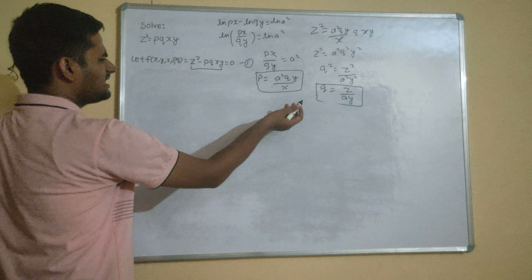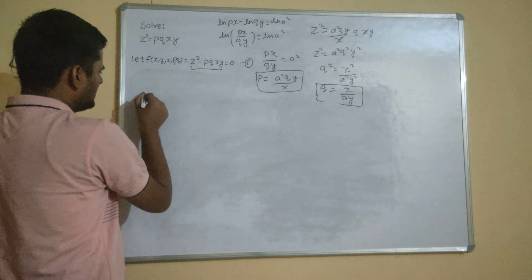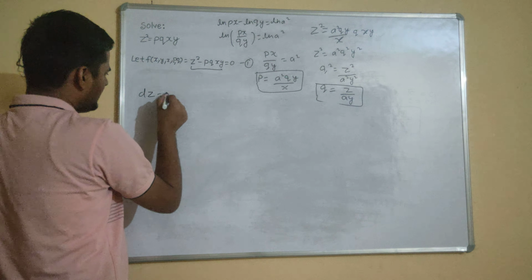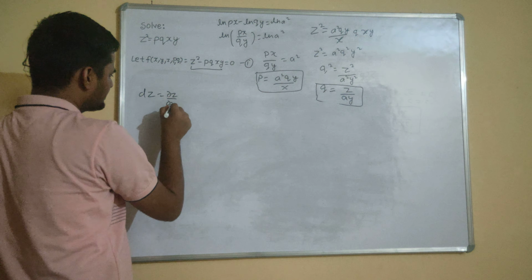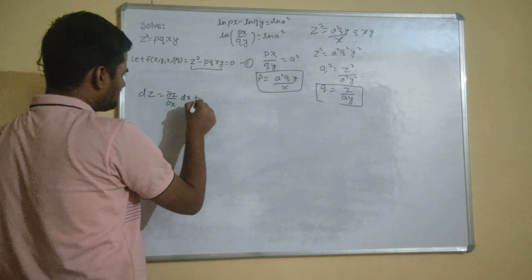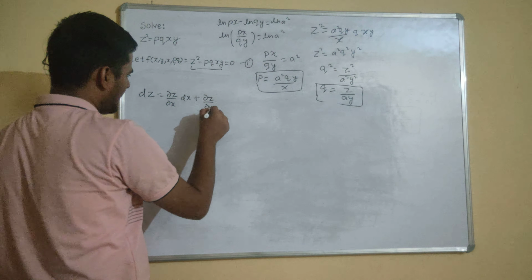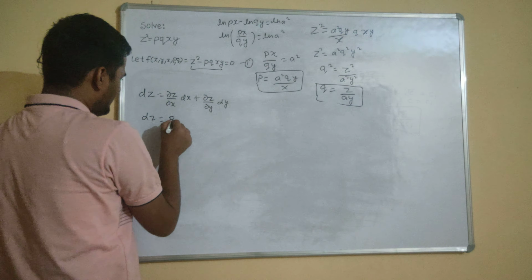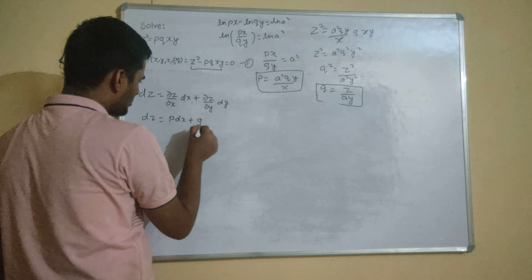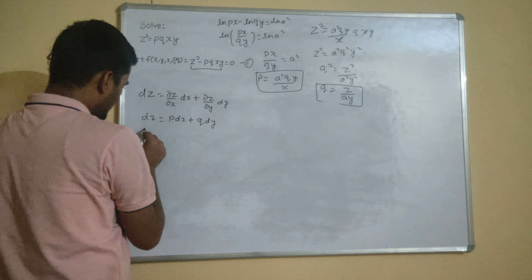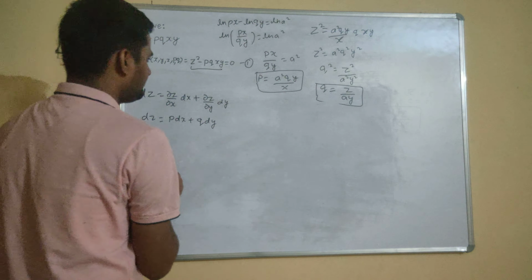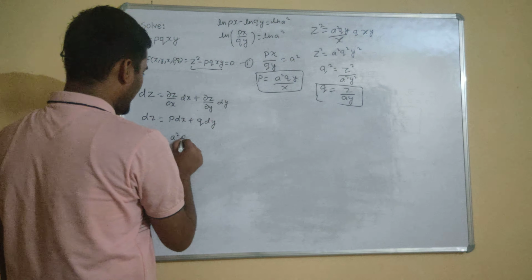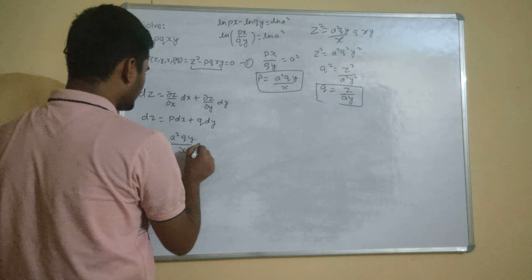Because z is a function of x and y, we write dz is del z by del x times dx plus del z by del y times dy. Now this del z by del x is known as p and this is known as q. So dz is, what is the p? It is a square qy divided by x dx.